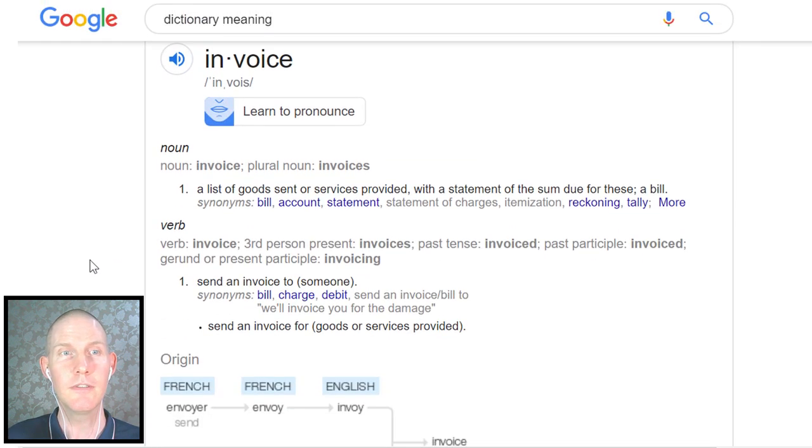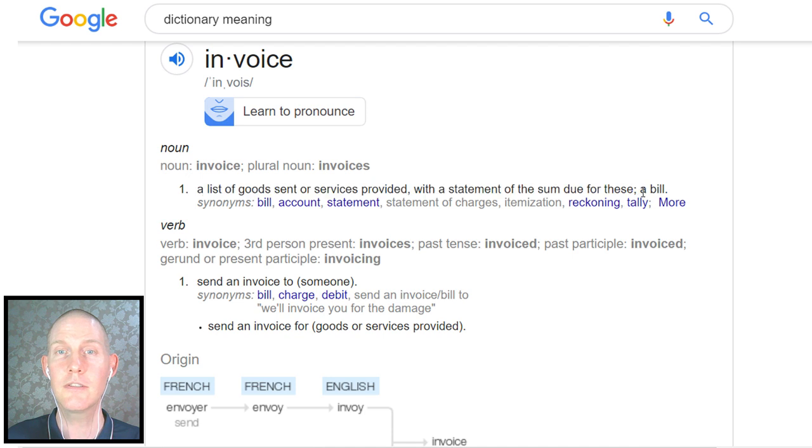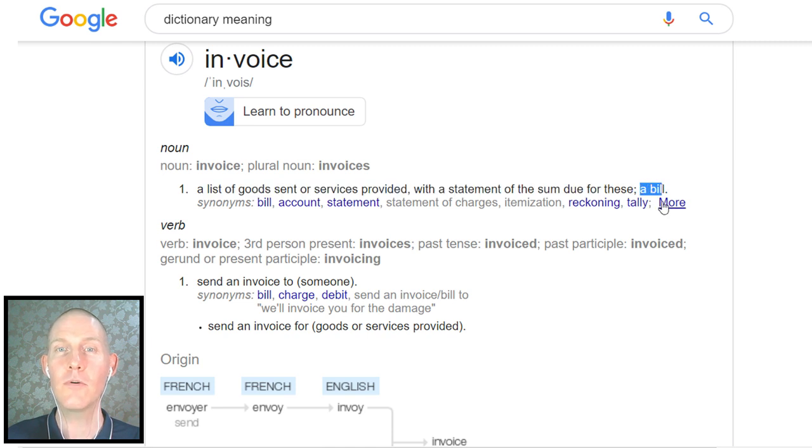Okay. So an invoice is a list of goods sent or services provided with a statement of the sum due for these. It's a bill. So they have a huge long description, but it's just a bill. It's how much you owe, right? That is an invoice. And it's very important for business, right? You need to make sure you're earning the money that you need to keep the business going.